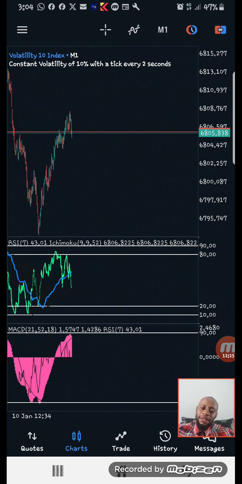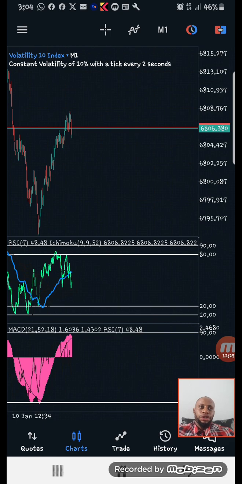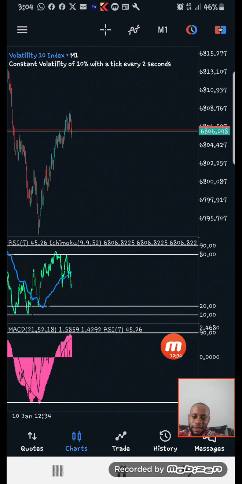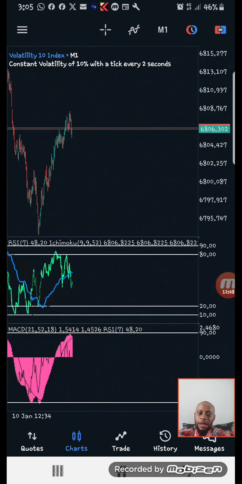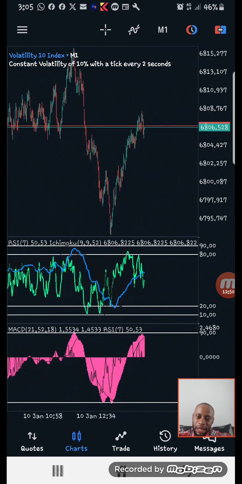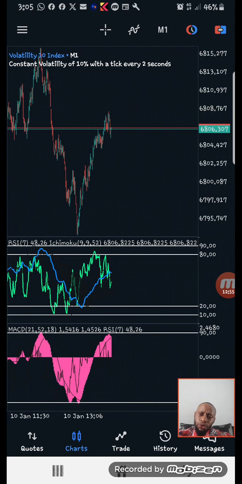So your exit should be when the MACD has gotten to the overbought area, which is the level 90, like this. For instance, if you enter the trade here, this should be your exit, because the MACD has gotten to the overbought level. I don't know if you get my point. So that is the entry and that is the exit, and that is just with the MACD.